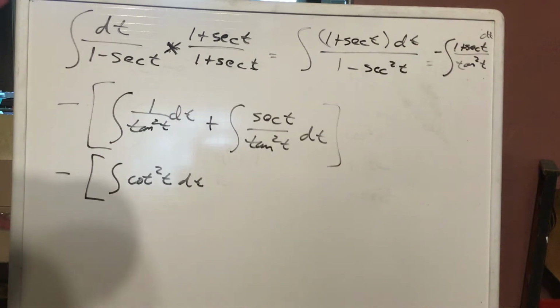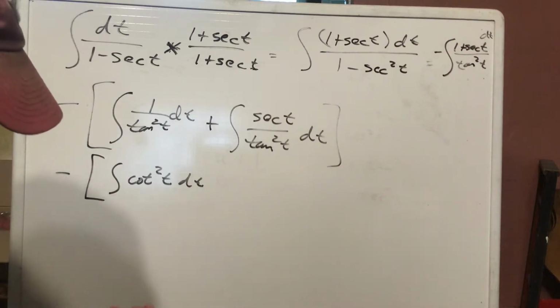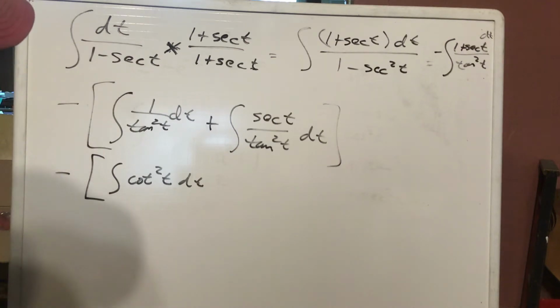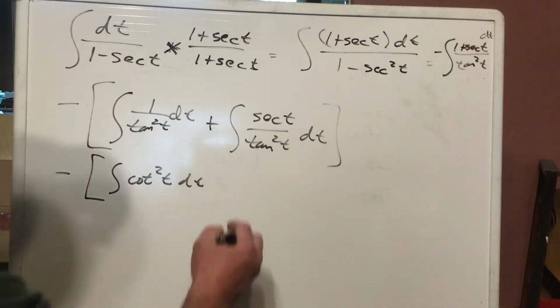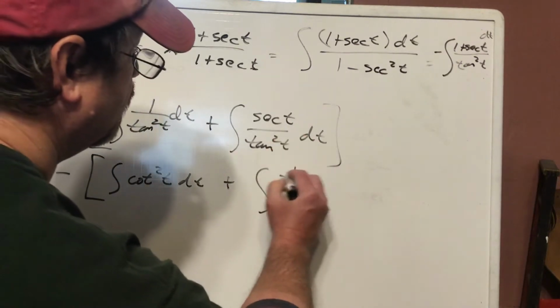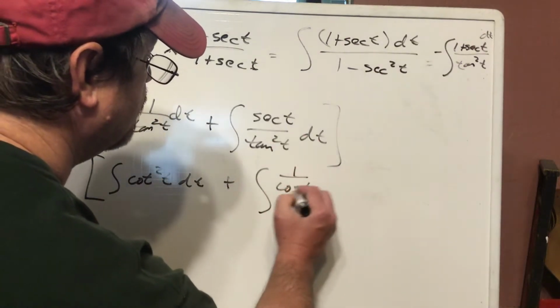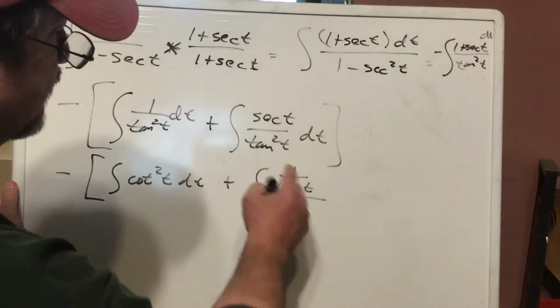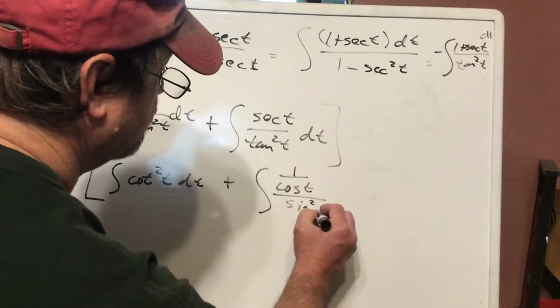Over here, the secant over tangent squared, I look at that and I say, well, this would be a lot simpler. All of those can be written in terms of cosines and sines, and so I'm going to convert everything into cosines and sines. Secant would be 1 over cosine. Tangent squared is sine squared over cosine squared.